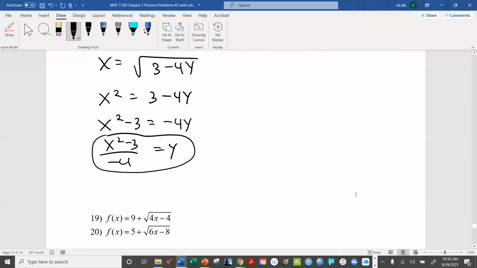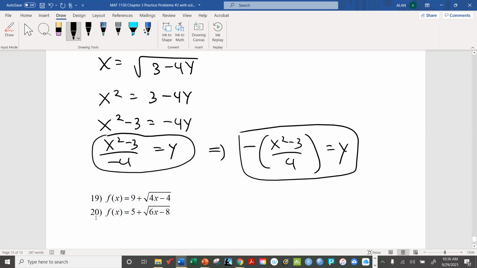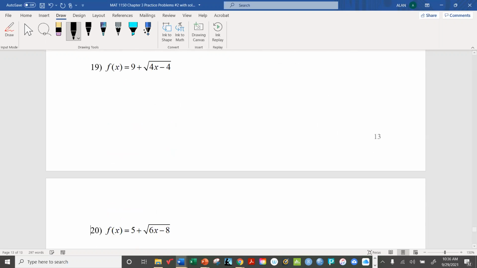That's right, they just wrote it slightly differently. It's the same thing. Beautiful.